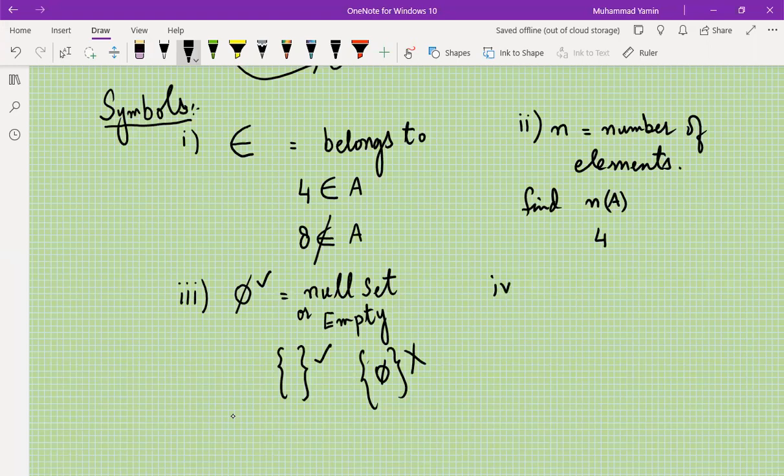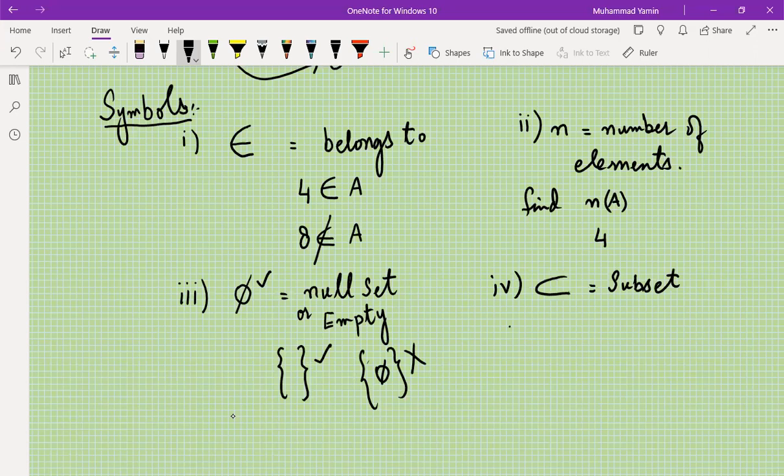Number 4, this symbol. That would be subset. Subset means a small set, a part of a set.